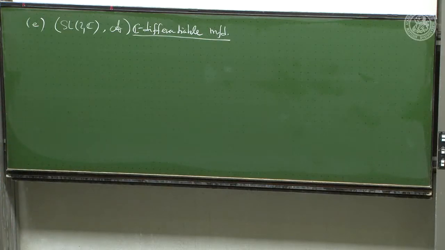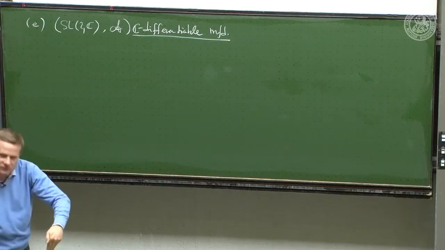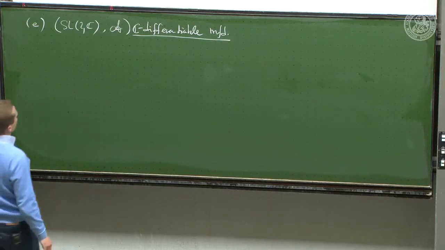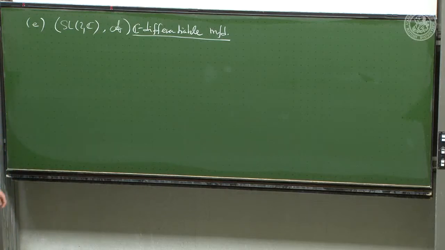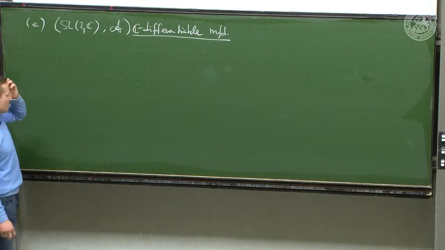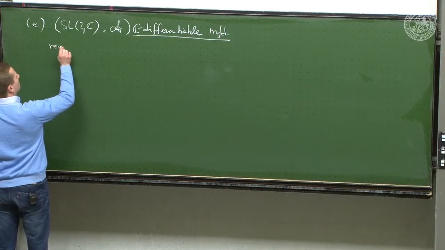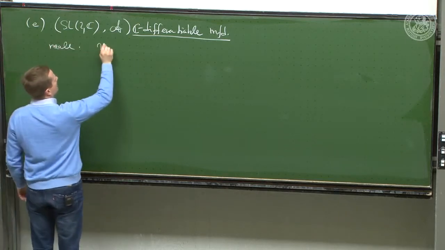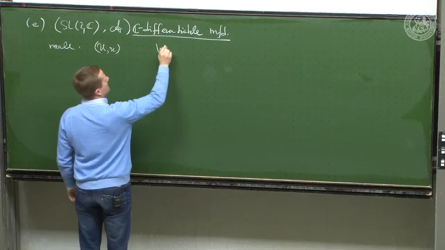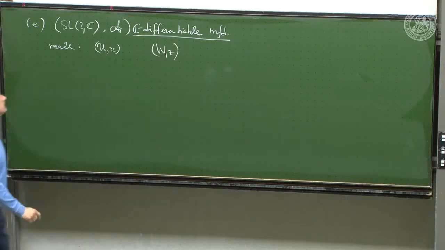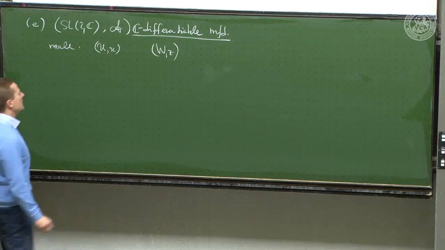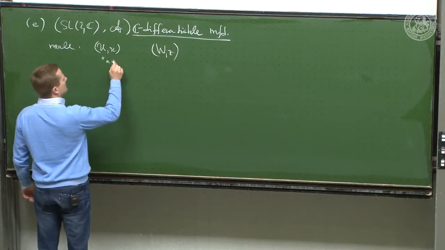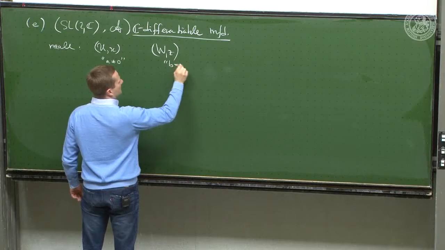Now, so far we constructed maps from the manifold into charts. But in order to do differentiability, we need to see whether the charts we have chosen allow smooth or C differentiable transition maps. We recall that we had charts UX and WZ that we wanted to use. This one had to do with A non-zero, and this had to do with B non-zero.